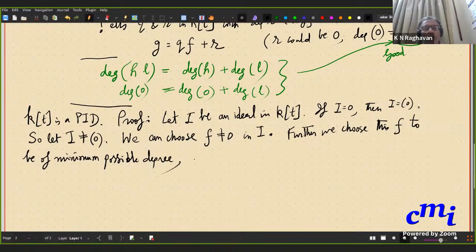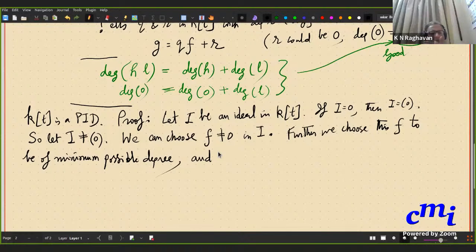Say the degree was 3 or something, and it starts off with something times t cubed. Let's say it's alpha times t cubed and alpha is non-zero. I can multiply F by 1 over alpha, and the resulting product is still going to be in I, because I is closed under multiplication by ring elements.